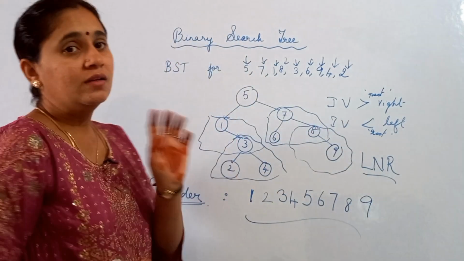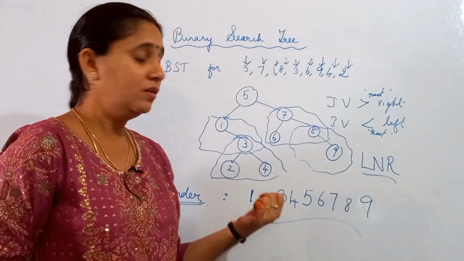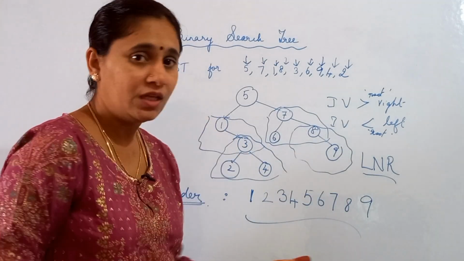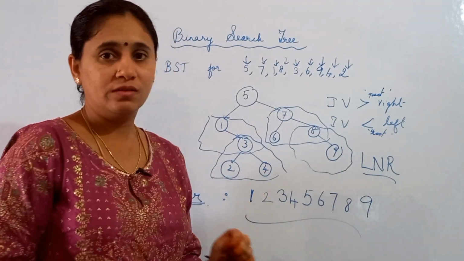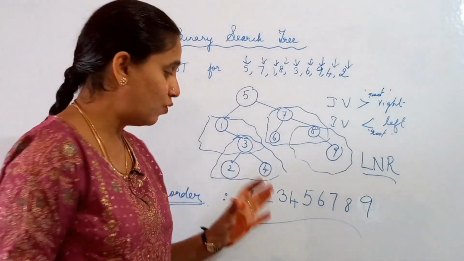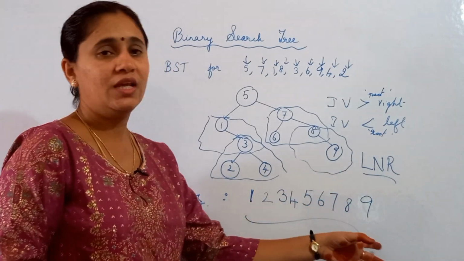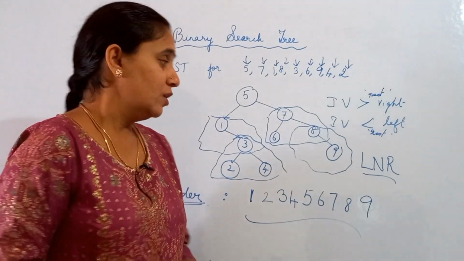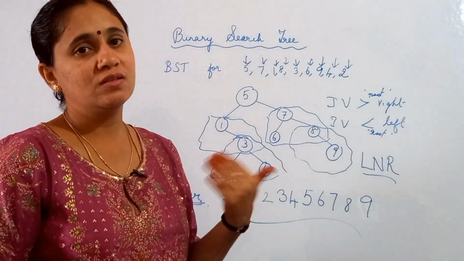When you find the answer for a binary search tree while applying this in-order traversal, what is the answer? The answer is in ascending order. You see 1, 2, 3, 4, 5, 6, 7, 8 and 9. This is the way you are going to implement a binary search tree.